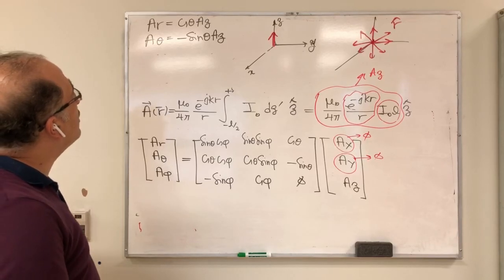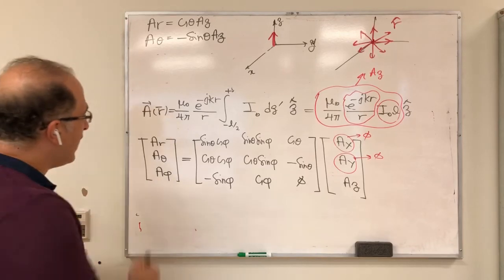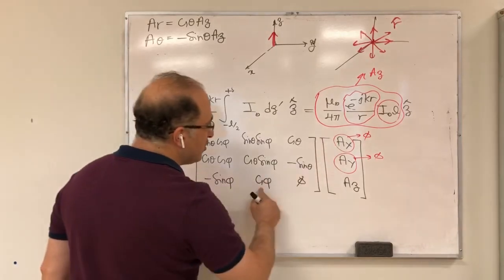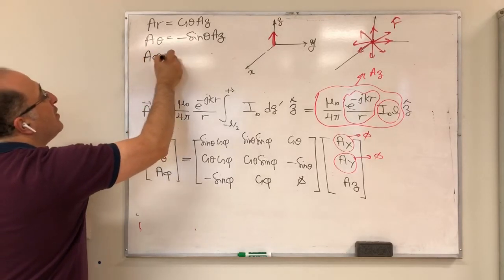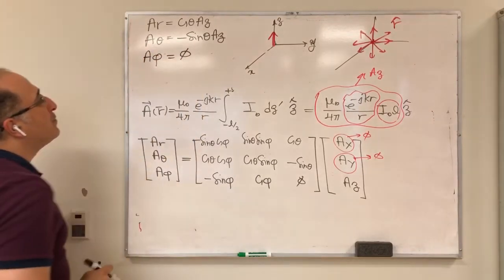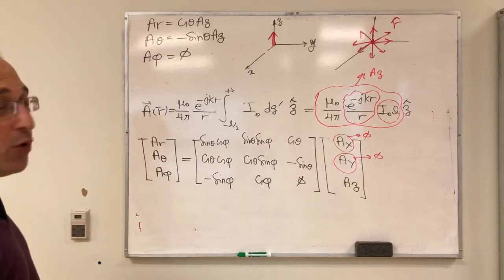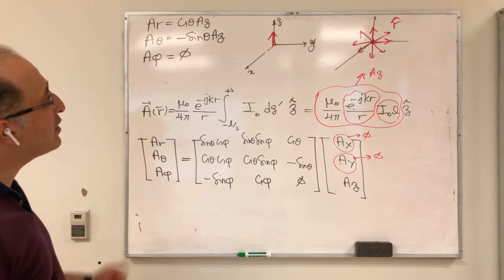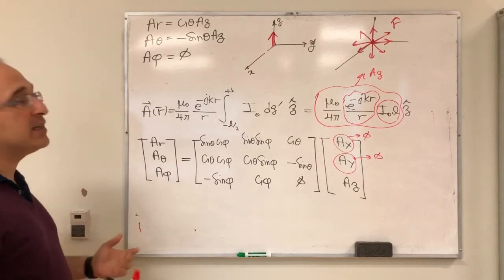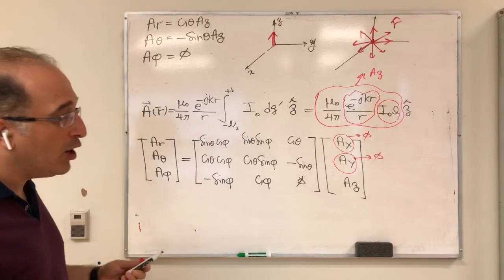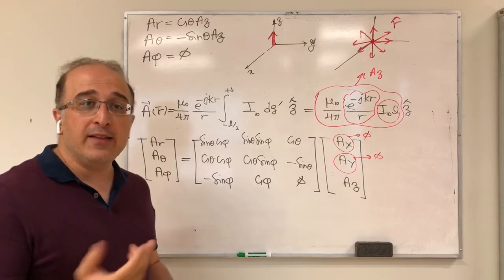And then you need to check your A_phi. Your A_phi becomes this times 0, this times 0, 0 times A_z. So your A_phi is 0. Now you have the three components of A in the spherical coordinate, and now you can use equations to find E and H in different regions.